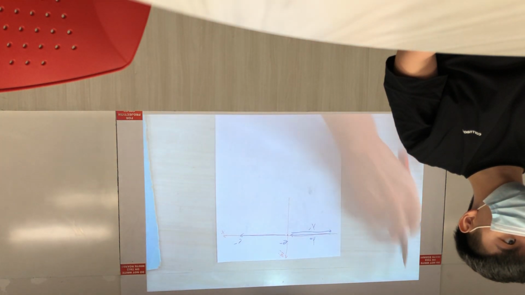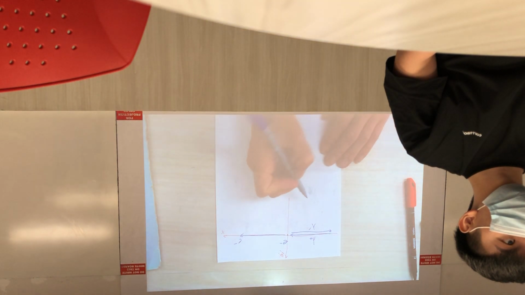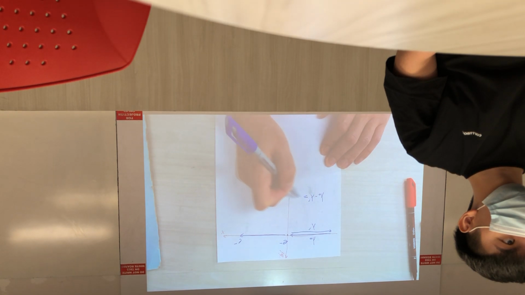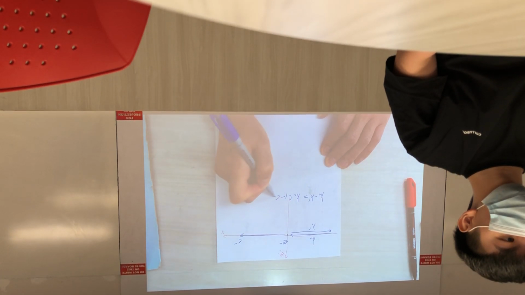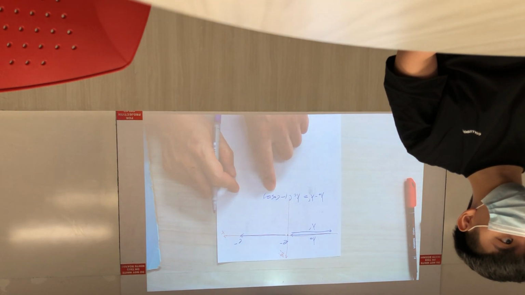So let's first apply this Compton effect, which will take lambda prime minus lambda 0 equals lambda c times 1 minus cosine theta. So in this case, what is our angle? For this scattering, what should be our angle, 0 or 180? 180.